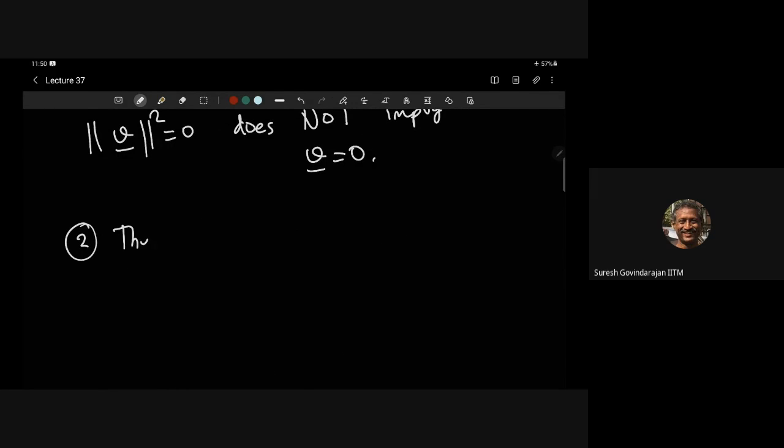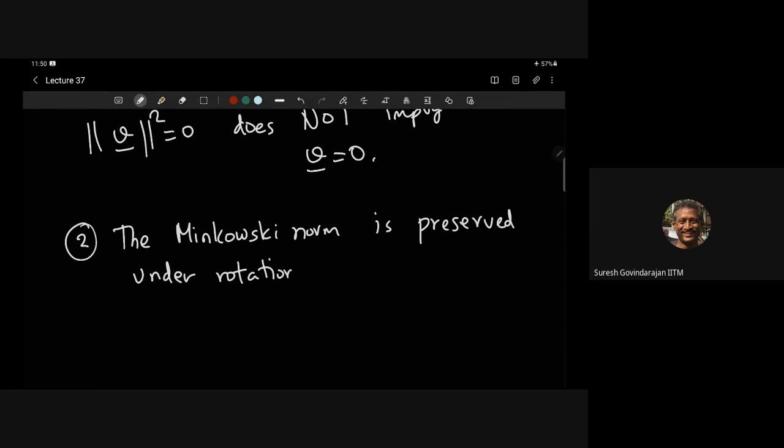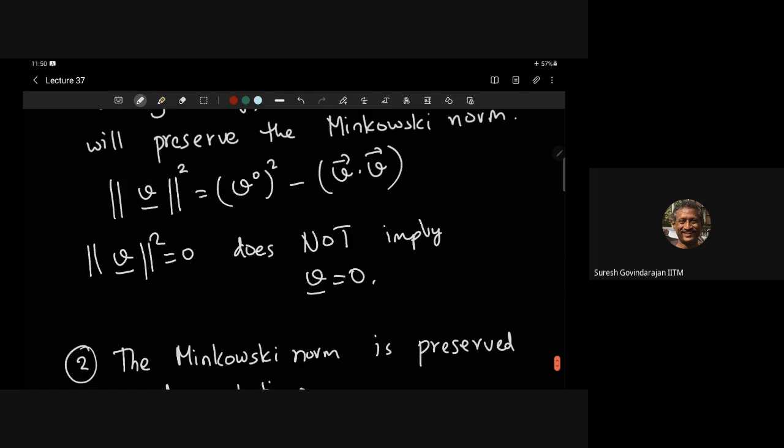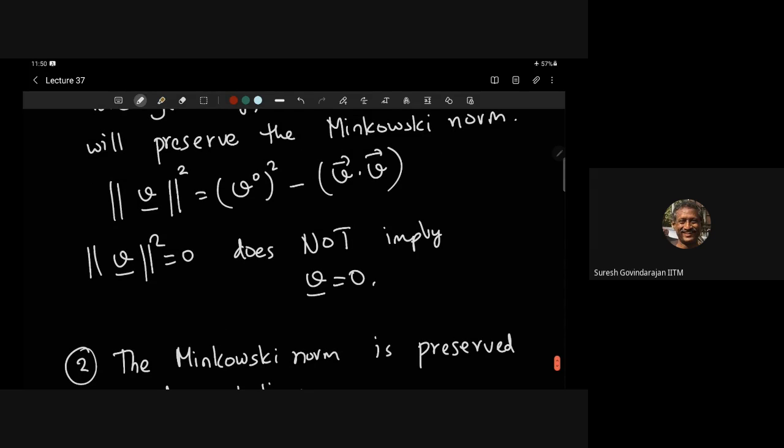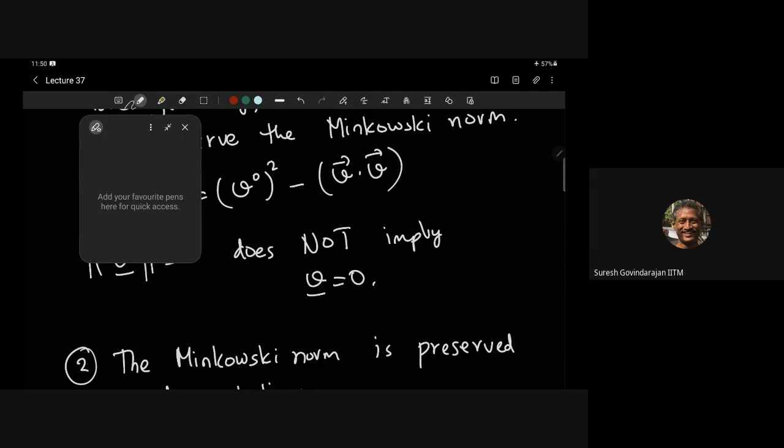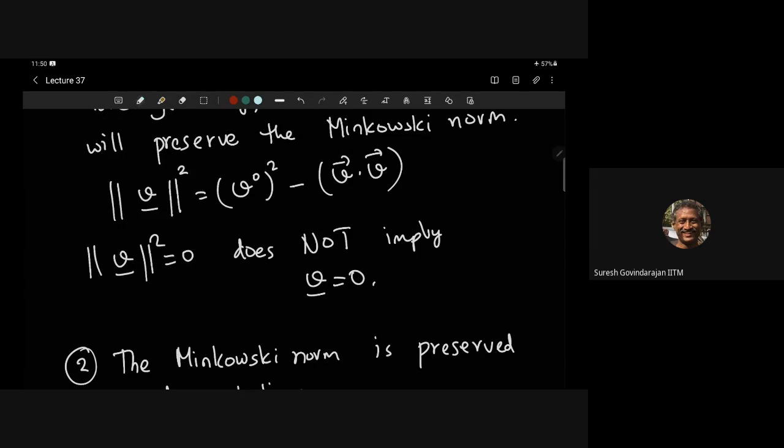Okay, so this is the thing. The Minkowski norm is preserved under rotations. Can someone tell me how? How do we see that? So this is the norm. So let me box it. Can someone tell me how?